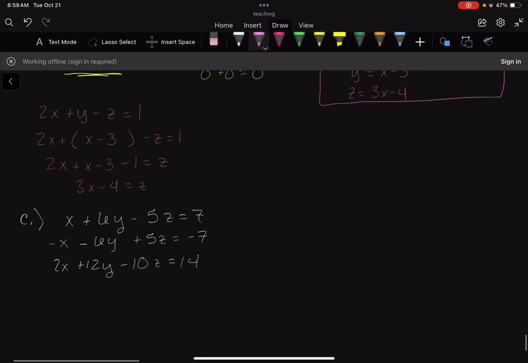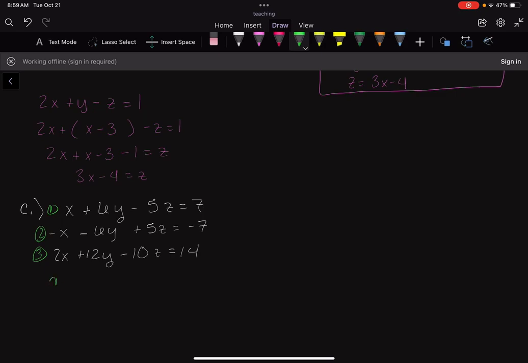So this one, again, we start immediately doing what we did for the other ones. So I can label all of my equations and I'll try to cancel out a variable. I notice that I can cancel out my x's on 1 and 2. So let me go ahead and do that.